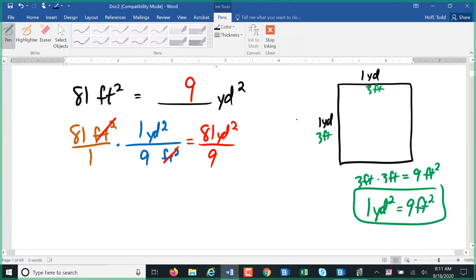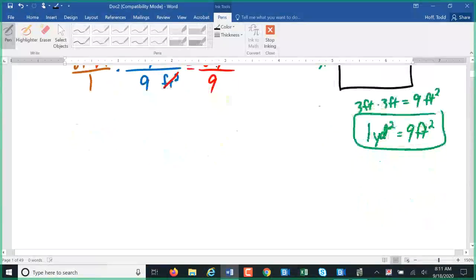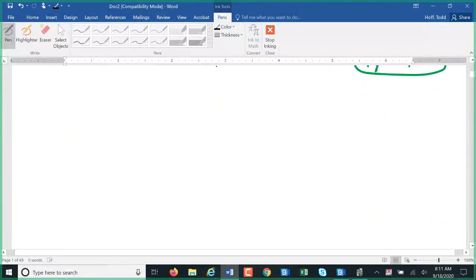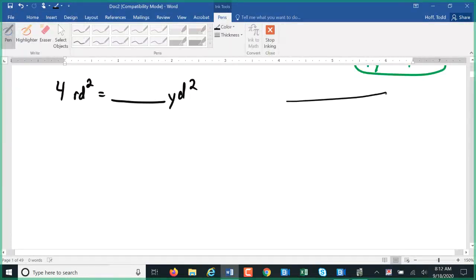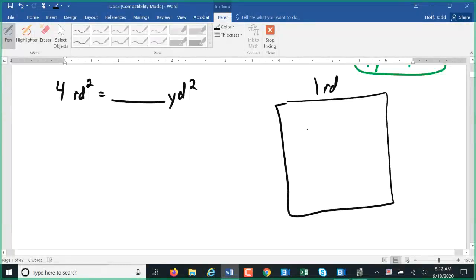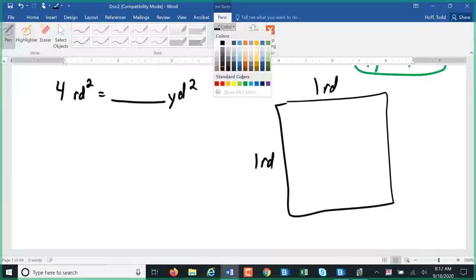Well, we can work with some of our lesser known units. We might have four square rods. Let's convert that into square yards. Well, again, 1 rod by 1 rod is a square rod.